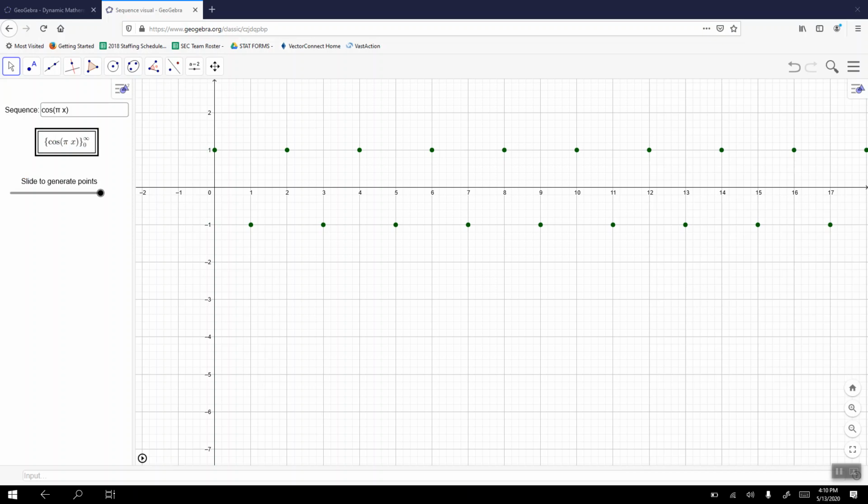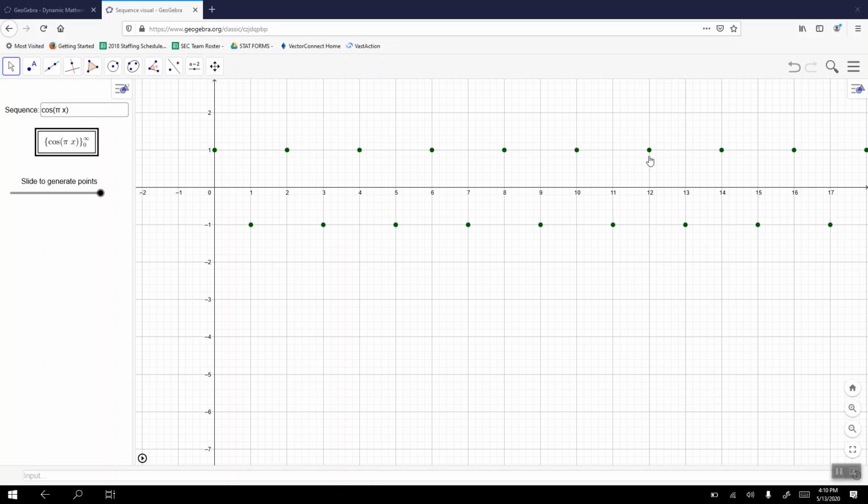This sequence is going to be cosine of pi times x. So cosine of pi times x, I want you to then look at this. All right, we go from 1 down to -1, 1, -1, 1, -1. This sequence is alternating, meaning is there one value that, as we take these values large enough, so as our n values go large enough, is there one output that this sequence is approaching?